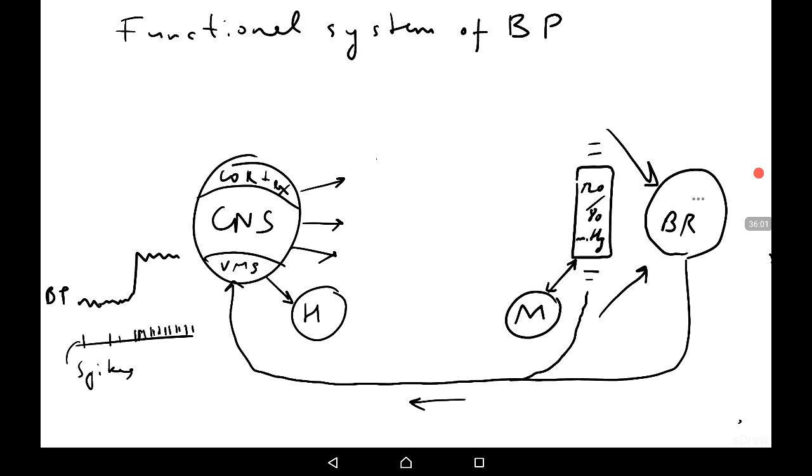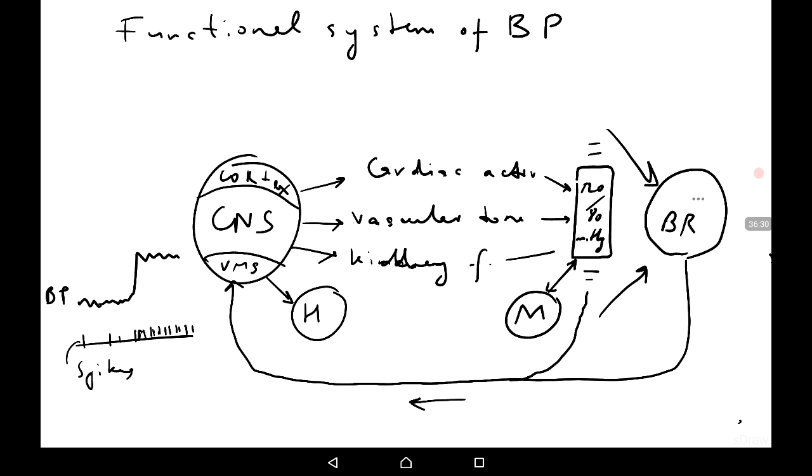The activity of the heart, cardiac activity, will change. Vascular tone, as we know, is a very important factor. Then the function of kidneys: urine volume may increase or decrease.